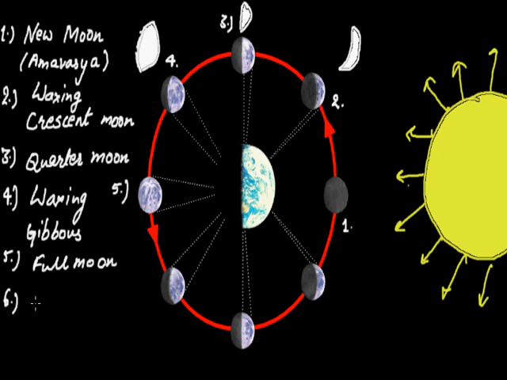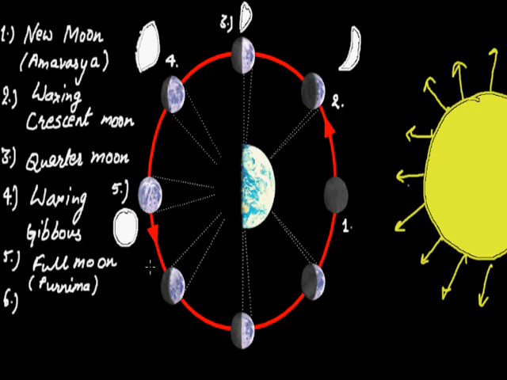At time 5 we can observe our beautiful moon like this. Also I should mention here that full moon is known as the Purnima moon, or the night is said to be Purnima.